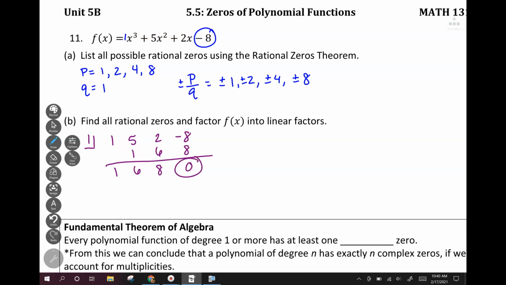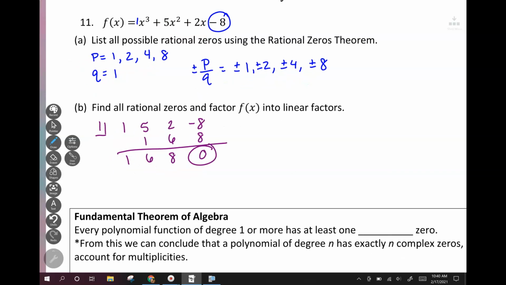So remember, this is your remainder, which means 1 is a 0, which means x minus 1 is a factor. All right, so we're going to take our new coefficients and, since we've already found one, and since there's only 3 numbers left here, that means this is a quadratic.